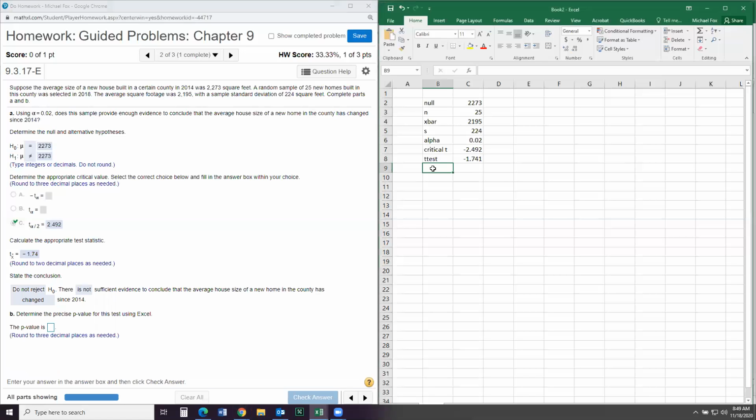Now it wants us to do our p-value. Again, that's going to be of our test statistic. Okay, and so we're going to say this equals t dot dist, because this is negative. Oh wait, what did it want from me? Oh, degrees of freedom, which is n minus 1.